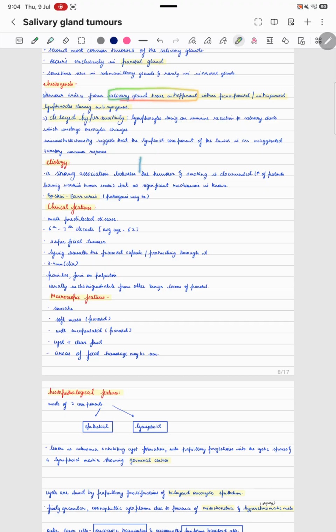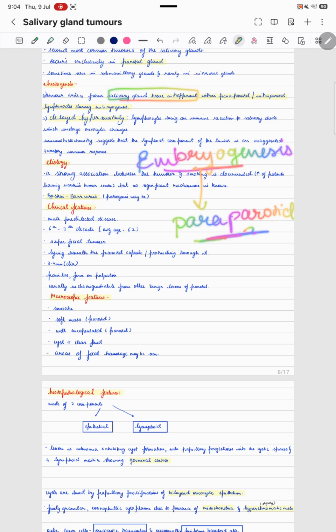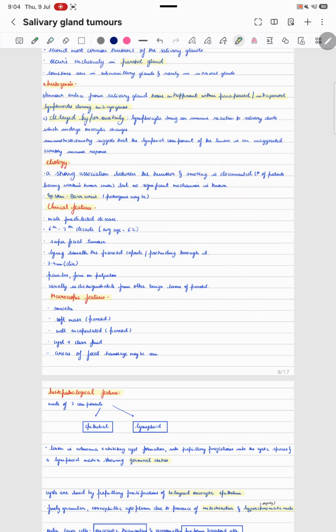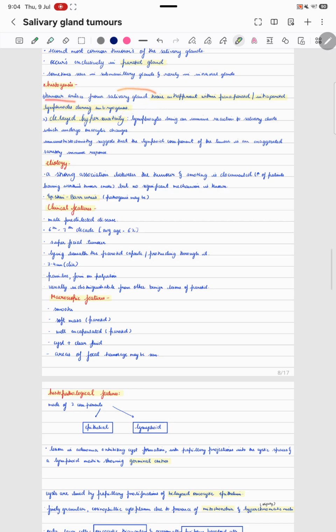So, during embryogenesis, there is a development of the paraparotid or the intraparotid lymph nodes, and these lymph nodes get entrapped in the salivary gland tissue. So the tumor arises from a salivary gland tissue entrapment within the paraparotid or intraparotid lymph node.